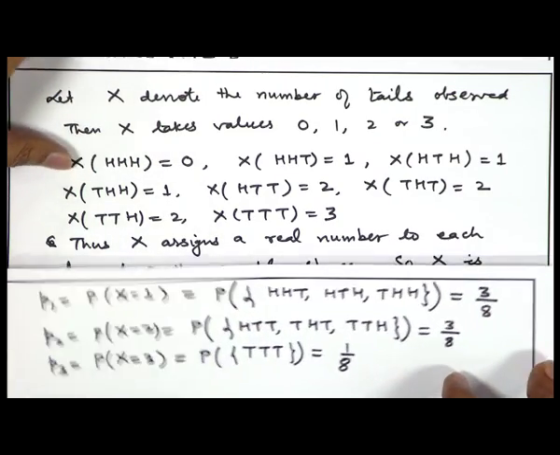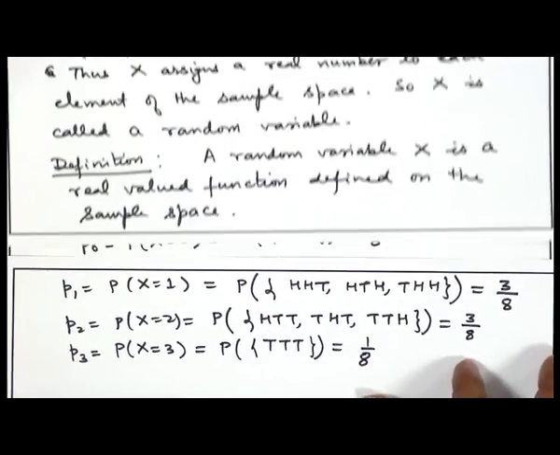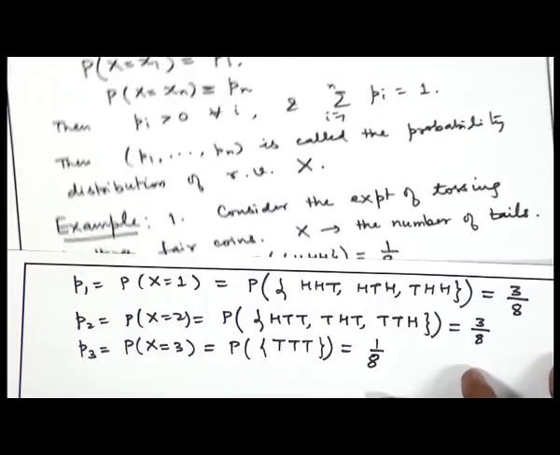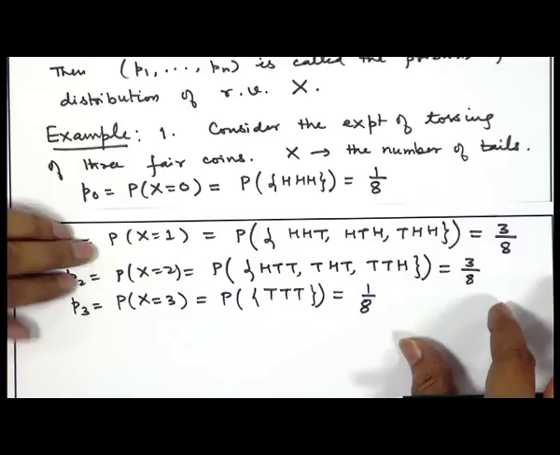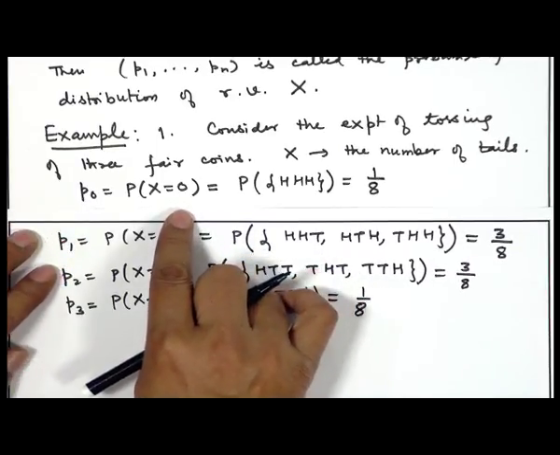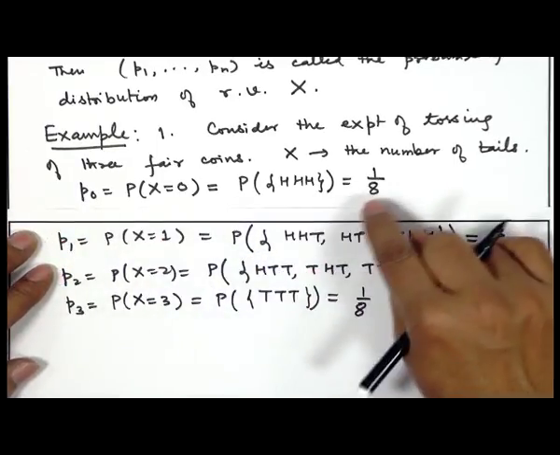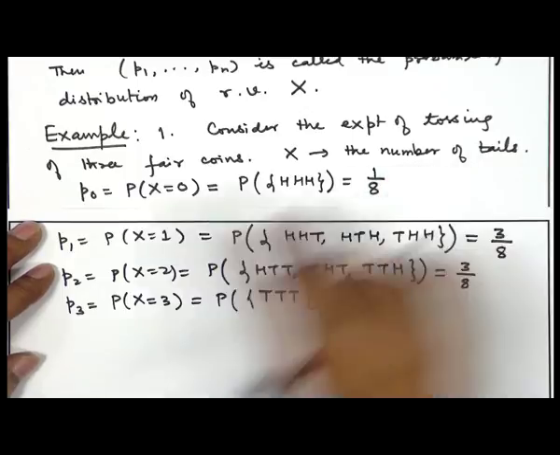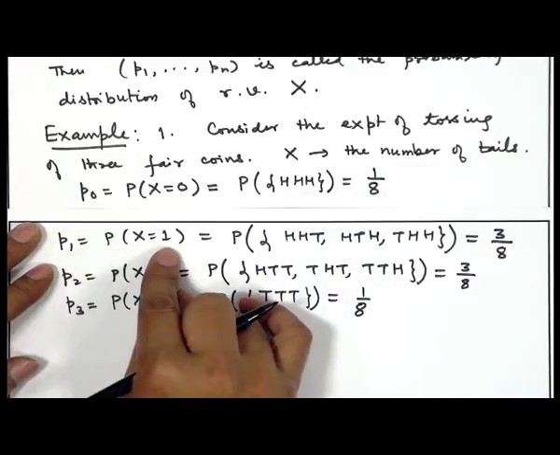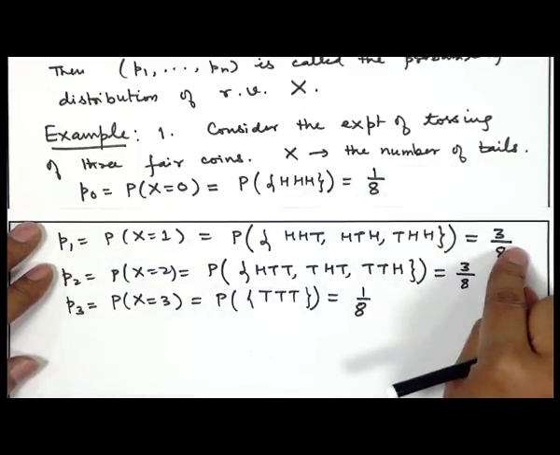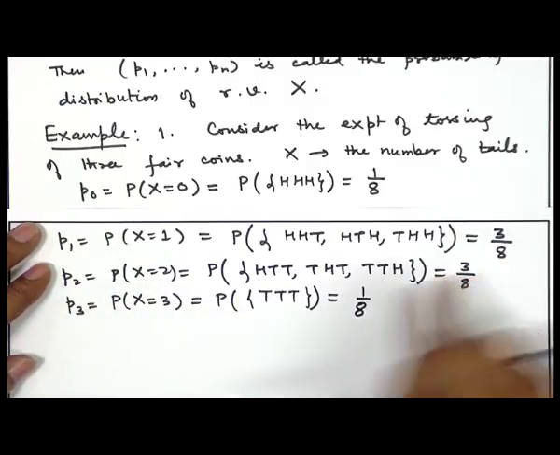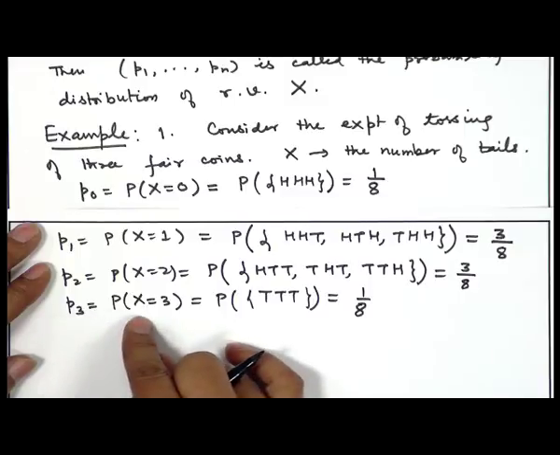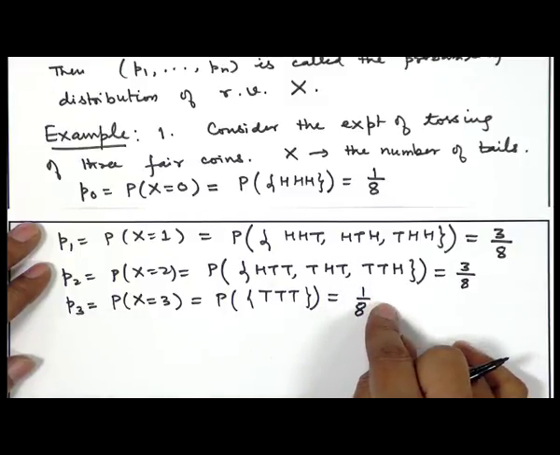So, now you can see I have calculated the probabilities corresponding to all the possible values of the random variable. For x is equal to 0, P0 is 1 by 8, P1 that is the probability x equal to 1 is 3 by 8, P2 that is probability x equal to 2 is 3 by 8 and P3 that is the probability x equal to 3 is 1 by 8.